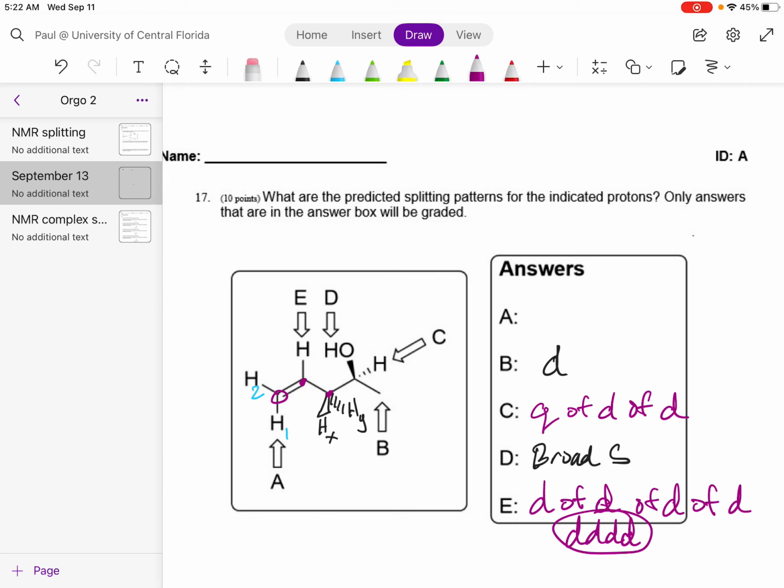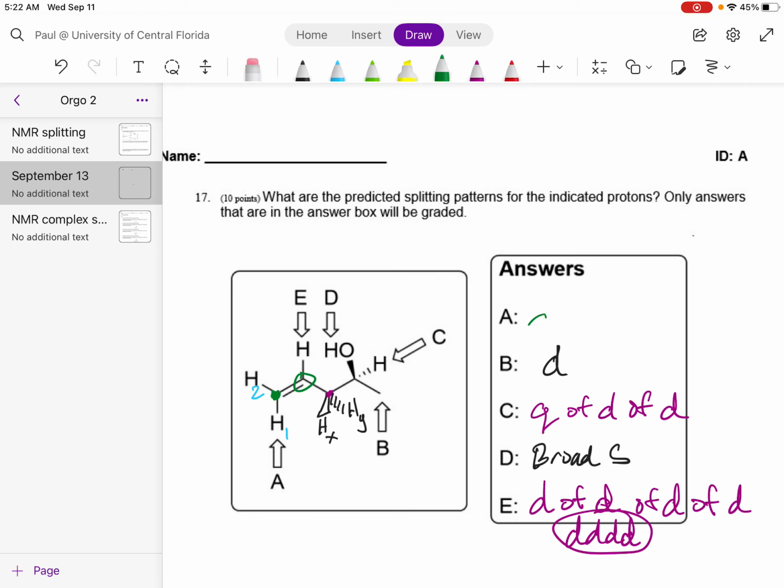And then, let's see, proton A. What's that going to be? Let's clean this up here. Okay, I'll leave that purple there. So proton 1 is attached to that carbon. What's the adjacent carbon? That one.